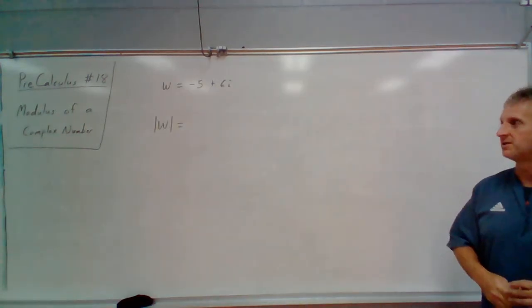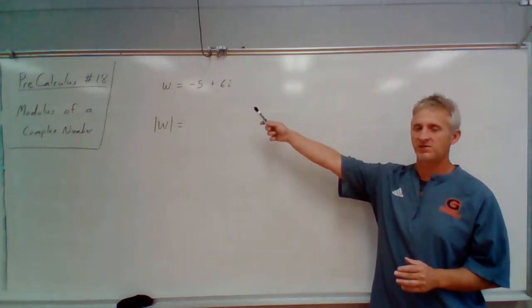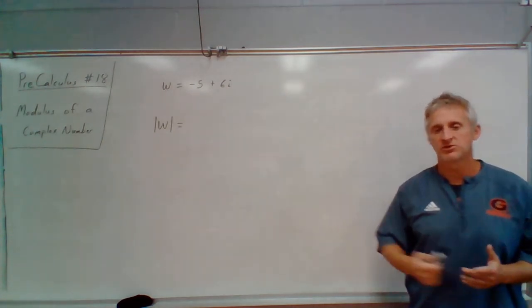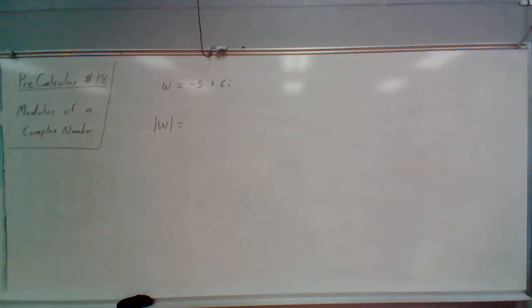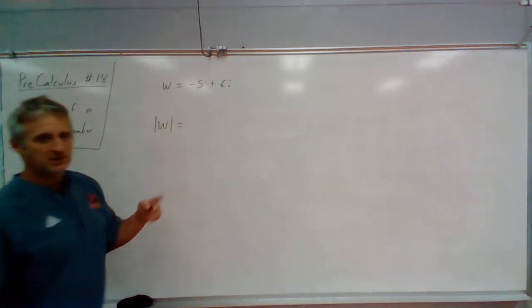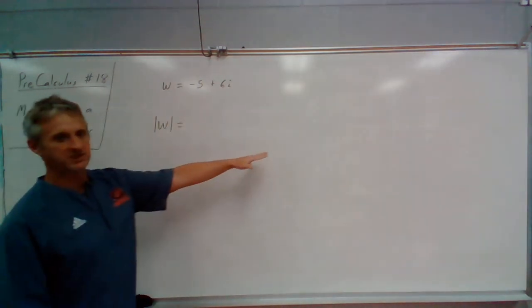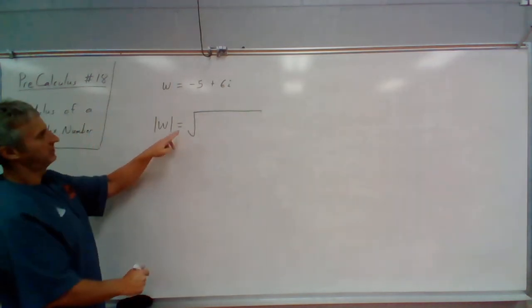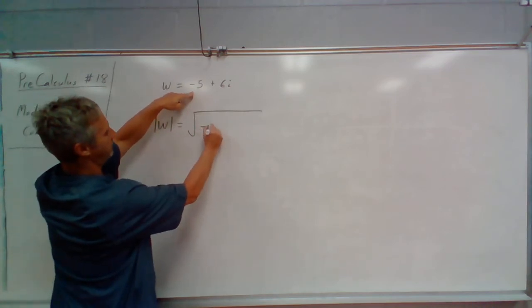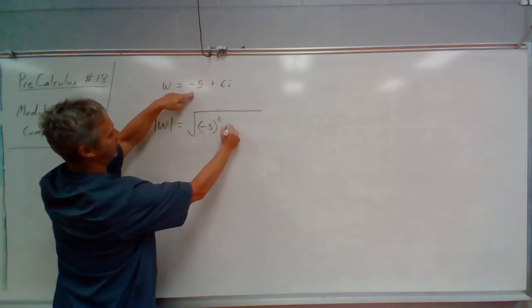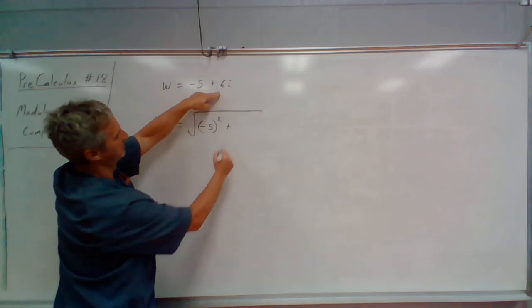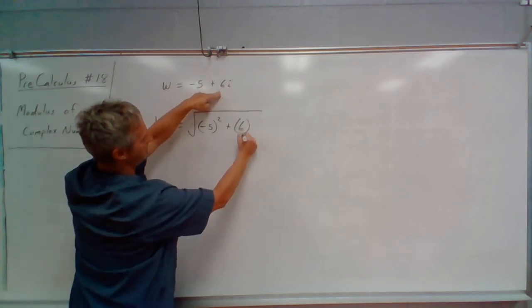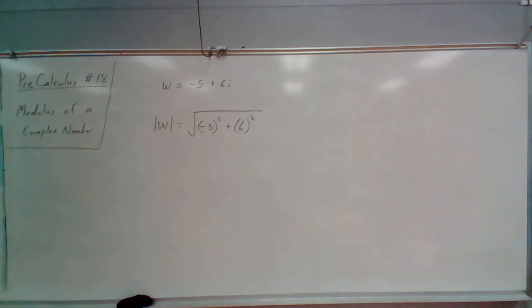All right, so you guys try this one. w is the complex number -5 plus 6i. I want you to find the modulus of w. All right, so let's try this. Our formula for the modulus that we just found was the square root of the real part squared plus the imaginary part squared.